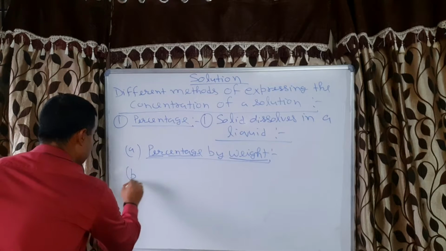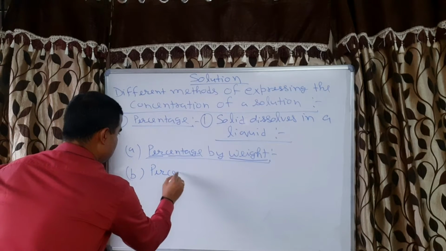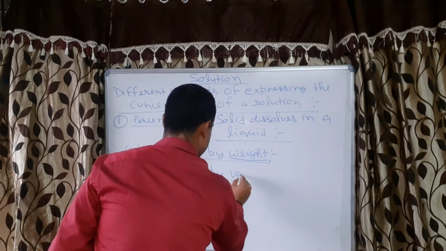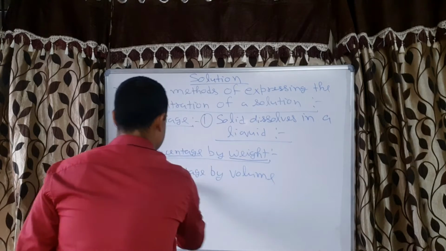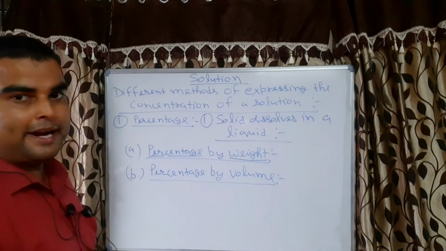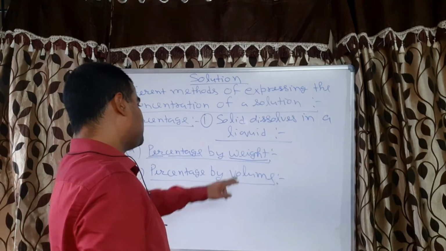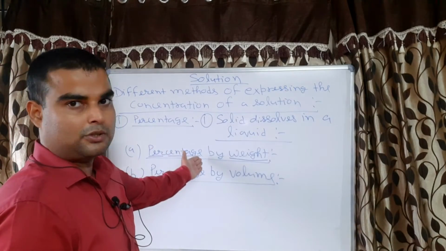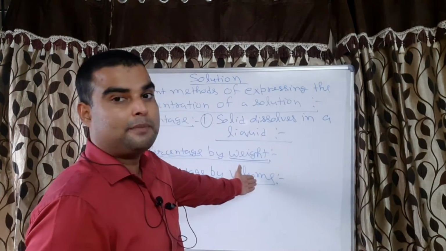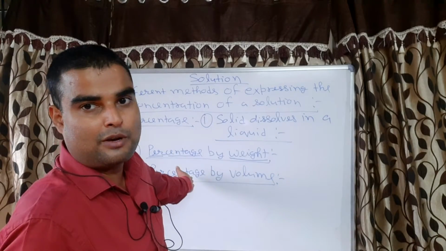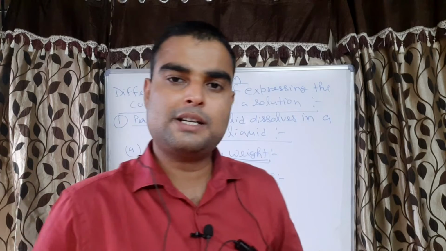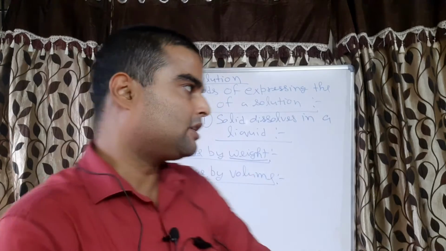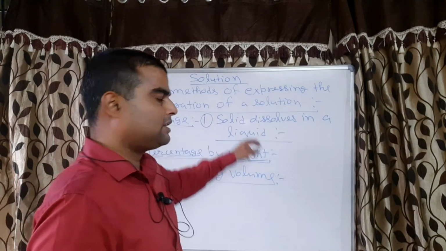Now come to the percentage by volume. Now you might be thinking, since here we have taken the weight of the solute dissolved in 100 gram of the solvent, similarly here, volume of the solute dissolved in 100 ml of the solvent. Not like that. There is a reason why: because we are taking the case of solid, the solute is the solid.